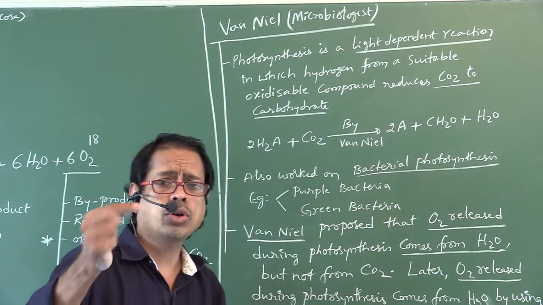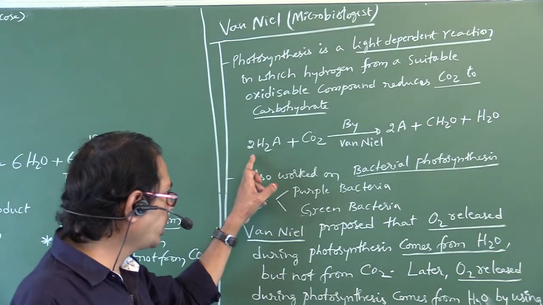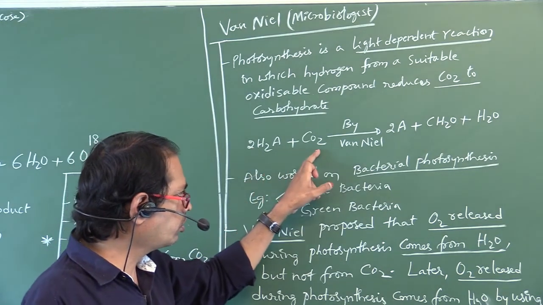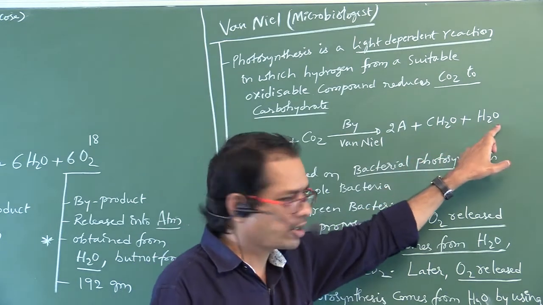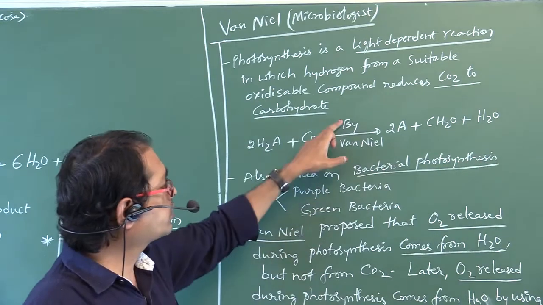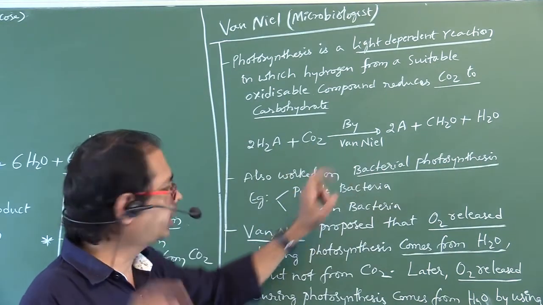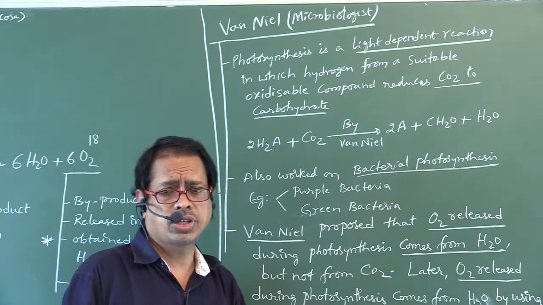That is, CO2 is reduced to form carbohydrate. 2H2A plus CO2 gives rise to 2A plus CH2O plus oxygen plus water. So this was given by Van Niel. He also worked on bacterial photosynthesis.